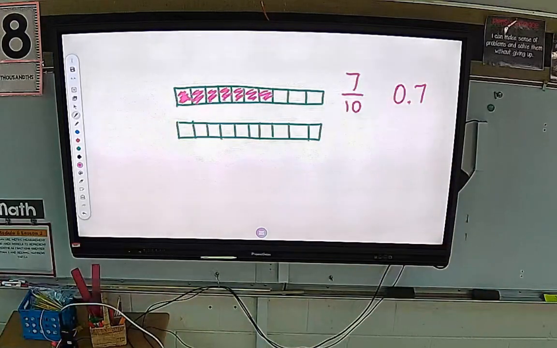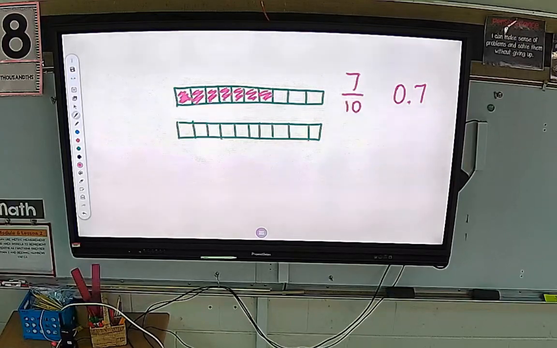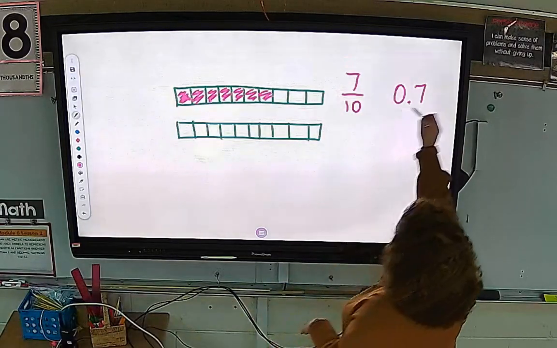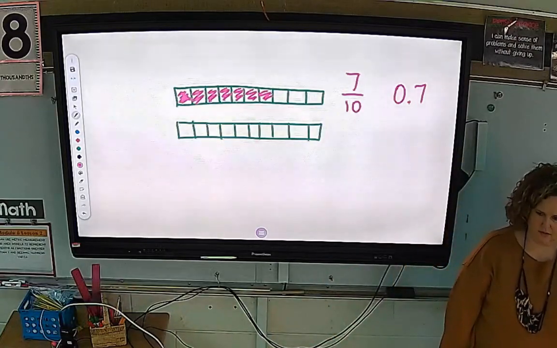It is in this place right here, I'll make the eyes look at it. Of course, no matter how I turn those, they're going to be looking down. Gravity and all that. But those are tenths, okay? They're in the tenths place. Do you see that? They're immediately to the right of that decimal point. So these two are equal to each other. Okay, so y'all get that. We did a lot of that yesterday.